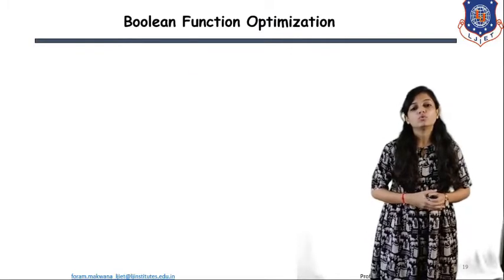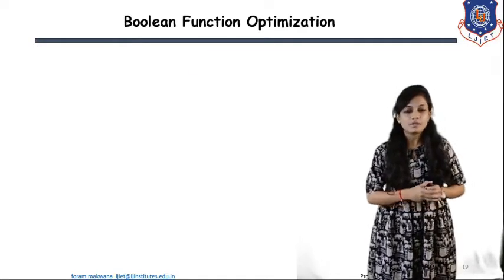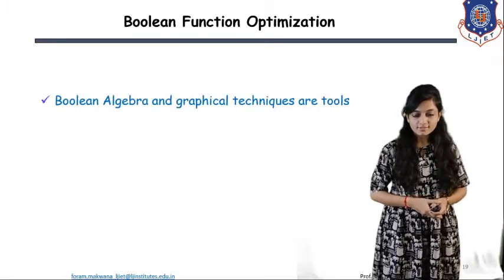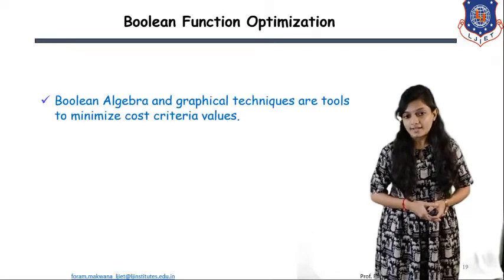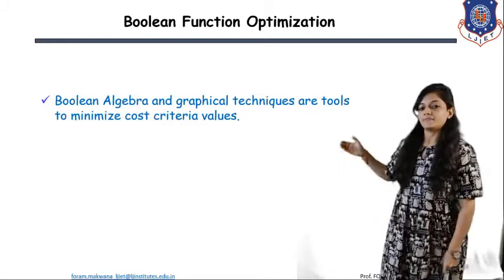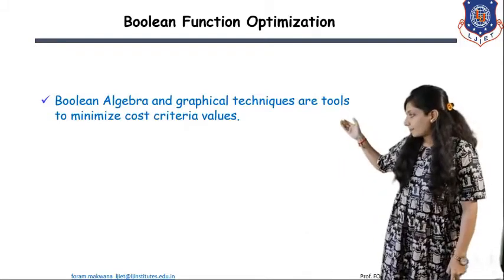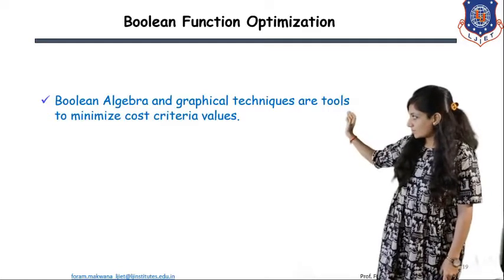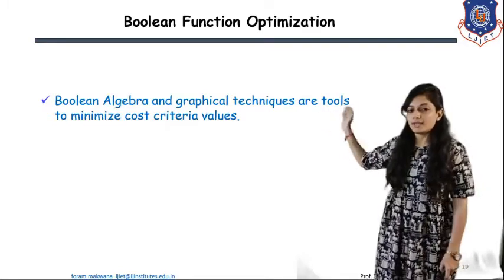Now, how to optimize a Boolean function? The Boolean function can be optimized with the help of graphical techniques like K-map, and the second method is Boolean algebra that we discussed in the last session with the help of SOP and POS.